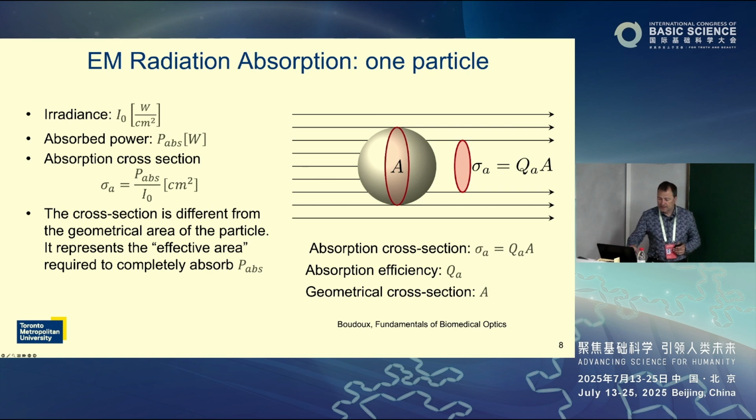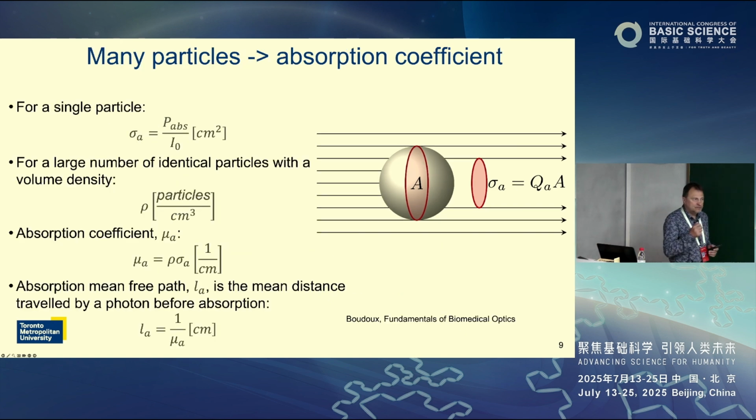If we multiply the number of particles, each of them having a certain absorption cross-section, we obtain a parameter called the absorption coefficient. And the absorption coefficient characterizes, and this is an intrinsic property that does not depend on how you measure it, but what's more important about the absorption coefficient, that's the absorption mean free path.